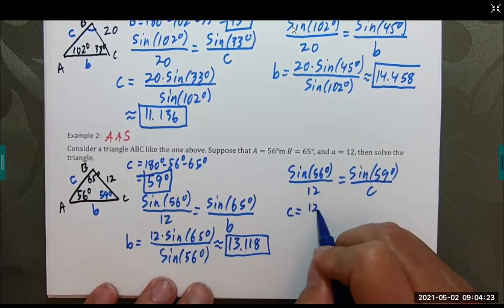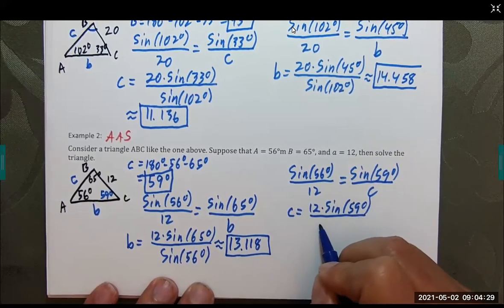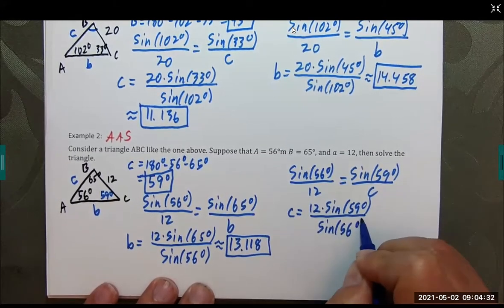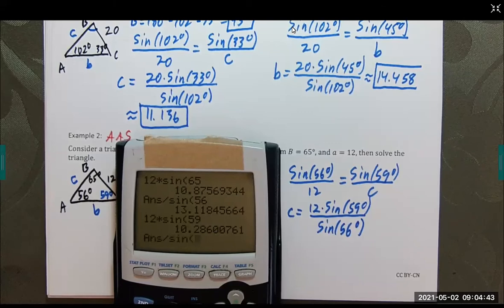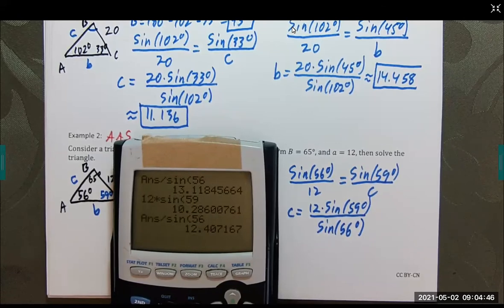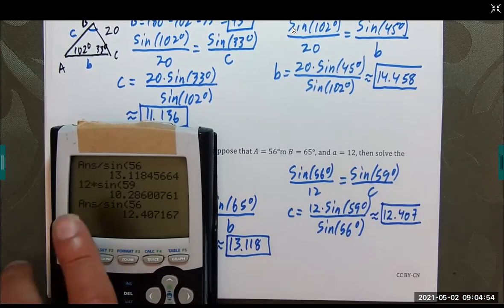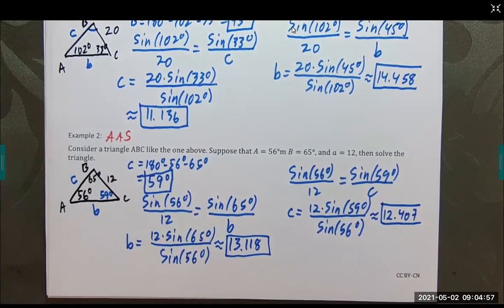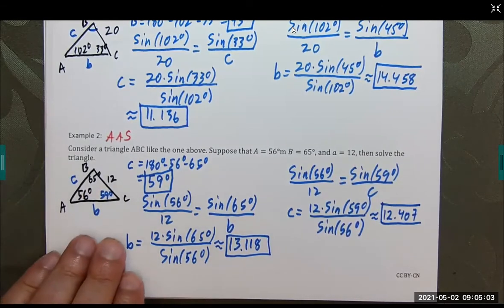We get 12 times the sine of 59 degrees over the sine of 56 degrees, times the sine of 59 degrees divided by the sine of 56 degrees. And we get 12.407. Not too bad. You just need to have an angle and the side opposite of it known somehow before we can apply the law of sines.